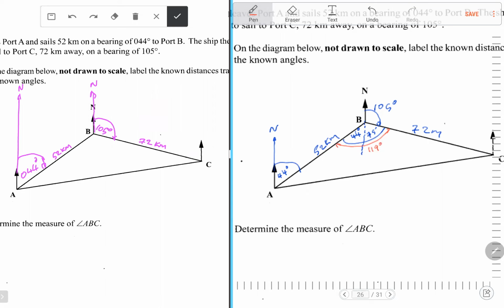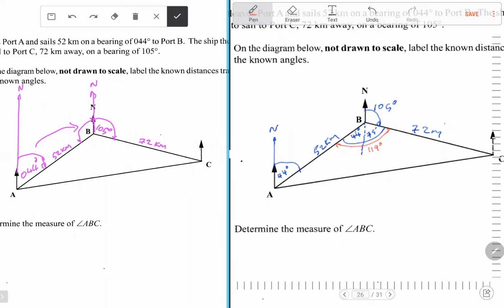Look over here now, I'll show you another way we could do it. We could say that these two angles are internal angles. The angles between the parallel lines are supplementary.